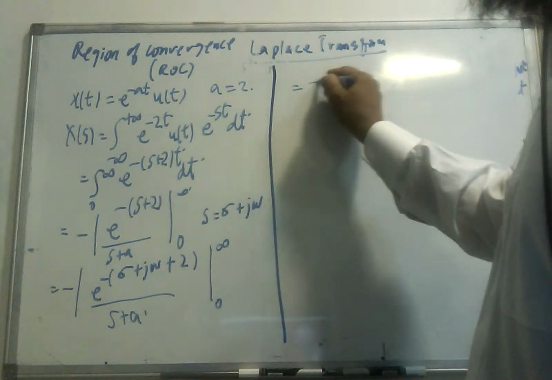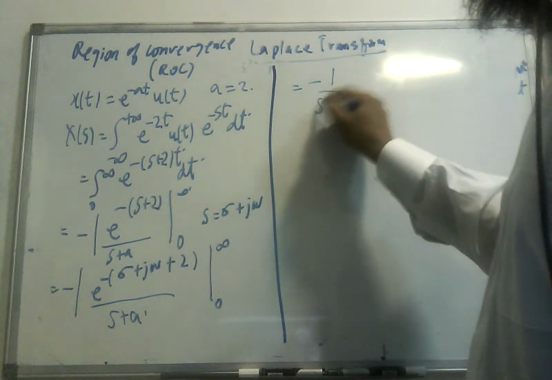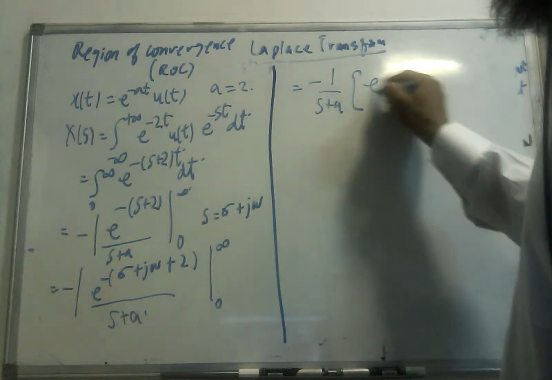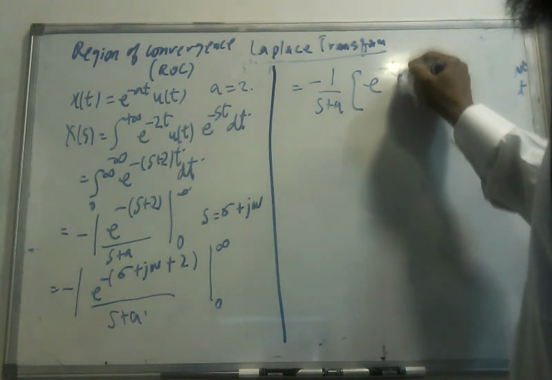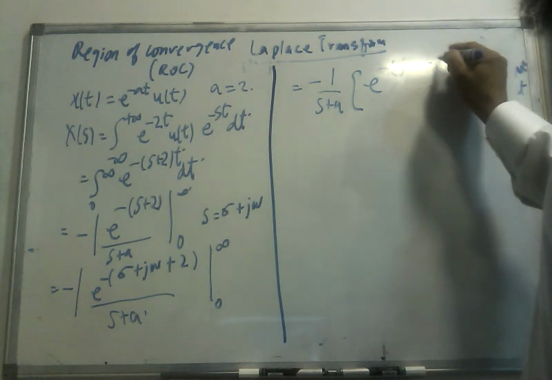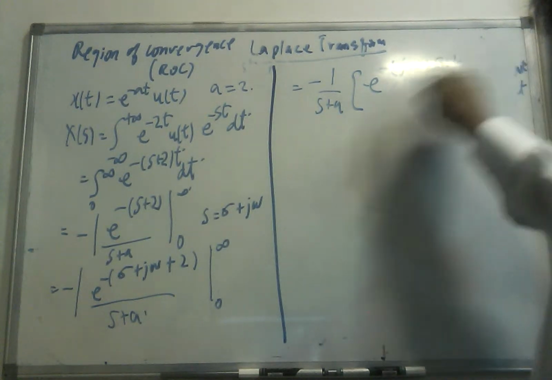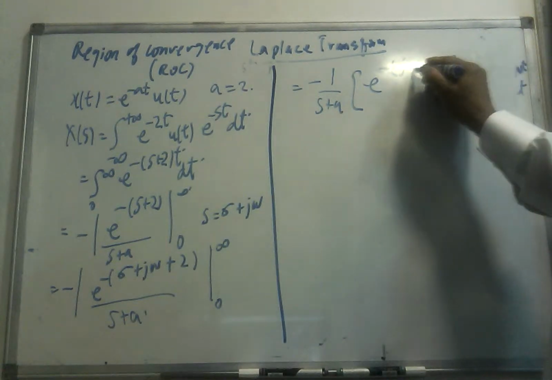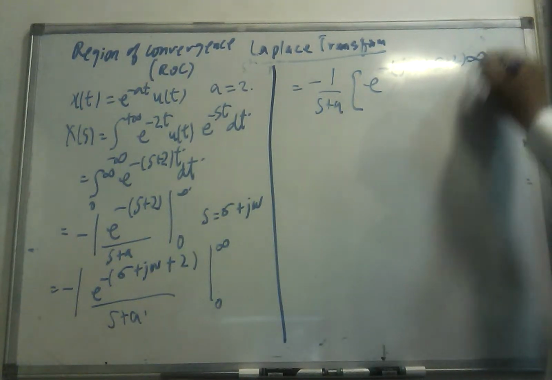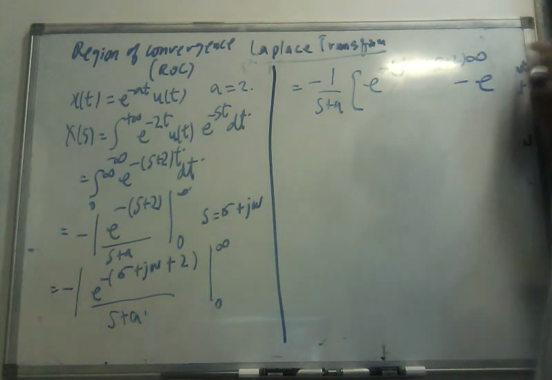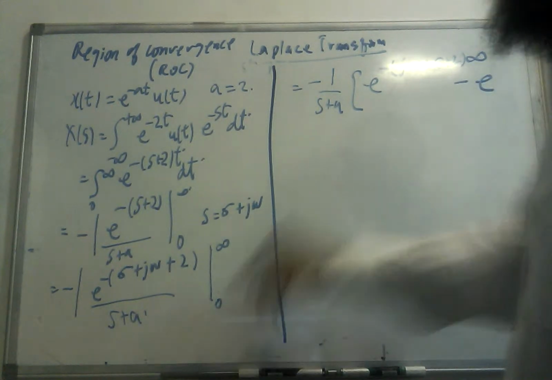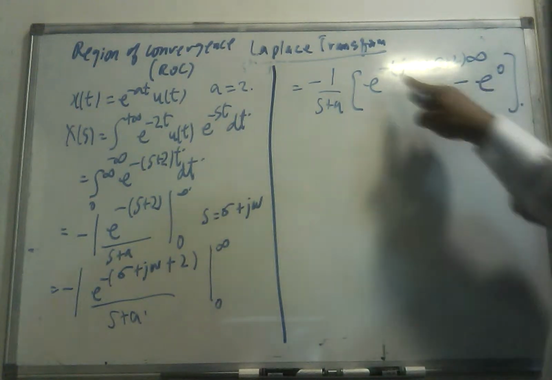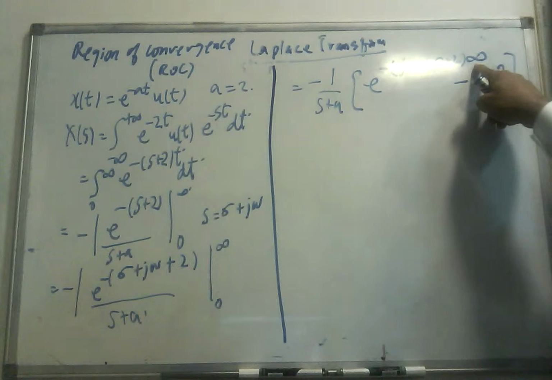So this is equal to minus 1 over s plus a, and so I have e raised to the power minus j omega plus sigma plus 2 at infinity, and then minus e raised to the power 0, right? So now let's look at it closely.